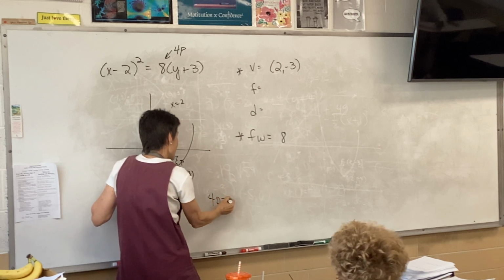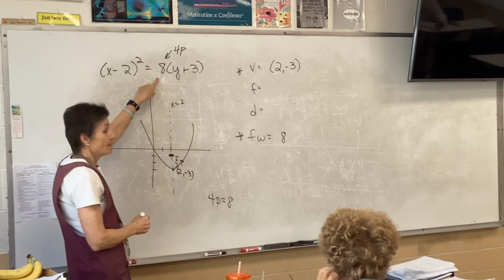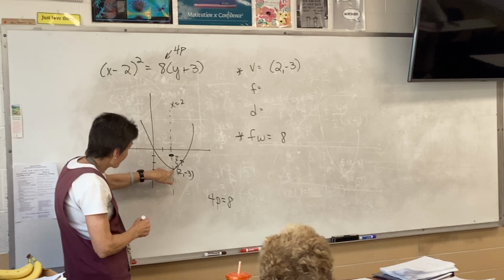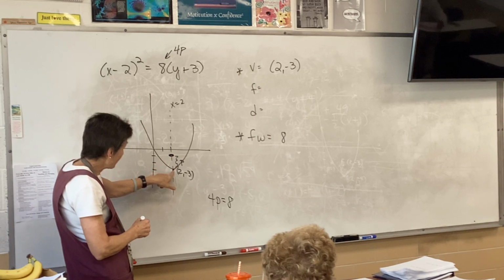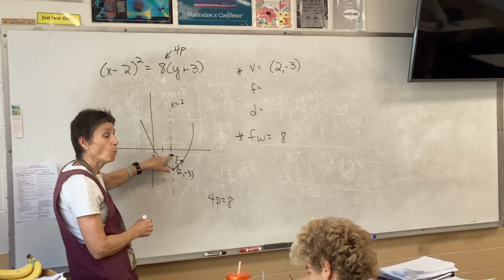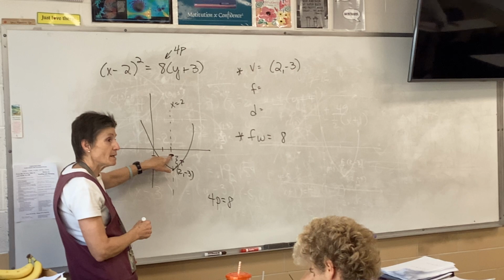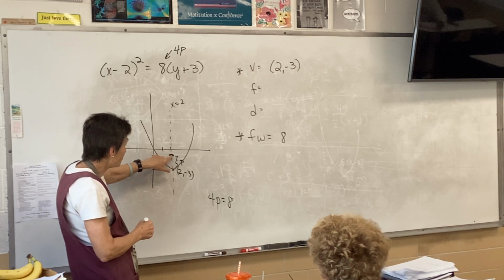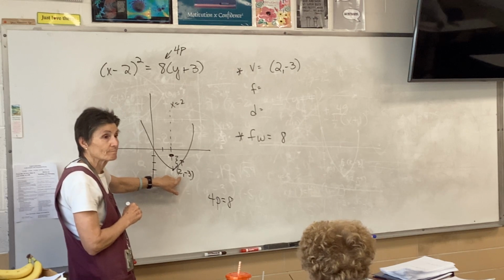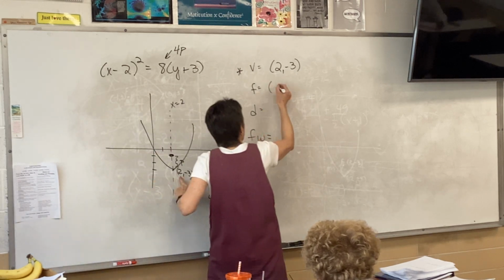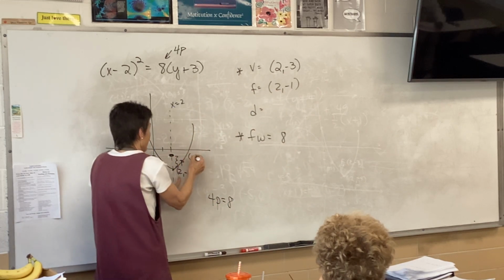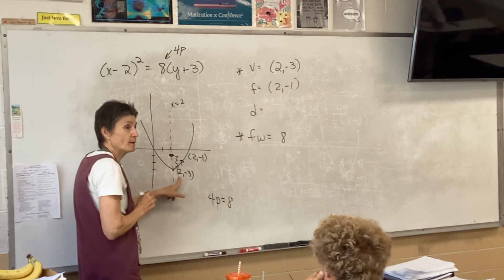So if 4P is 8, then what's P? 2. So I'm going to start right here at that point, and I'm going to go up 1, 2. Where will I be if I go up 2, straight up from that point right there? 2, -1. And that is your focus. 2, -1. We went straight up 2 units.